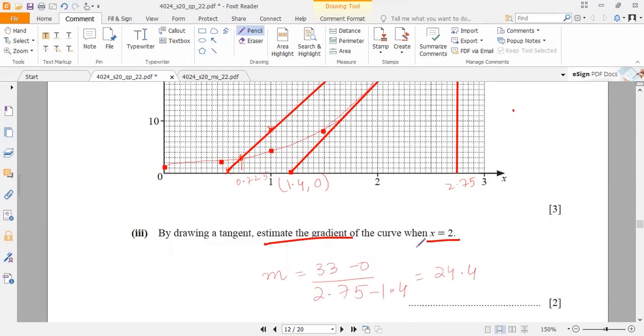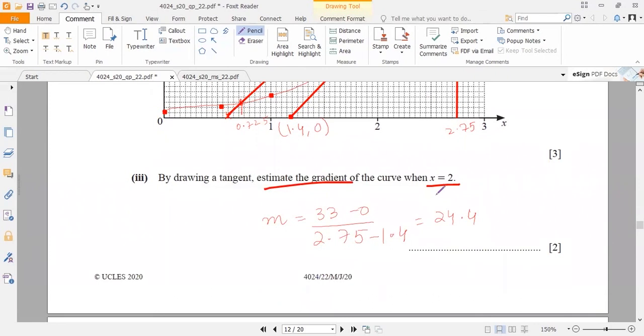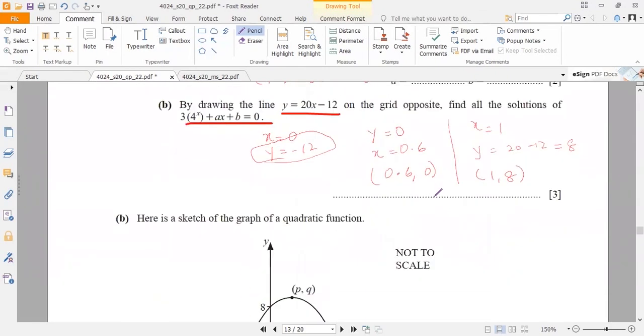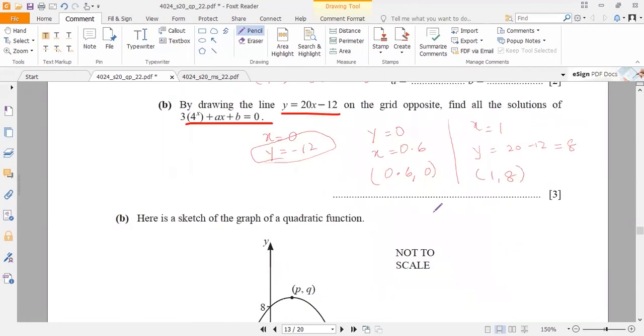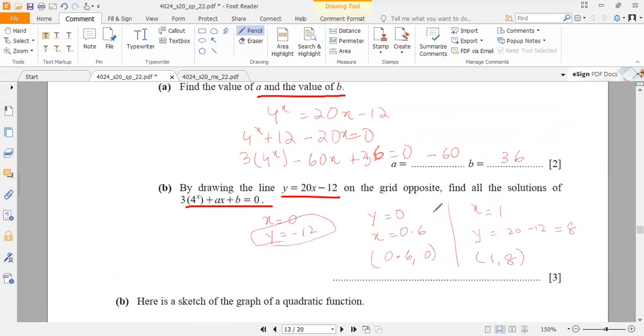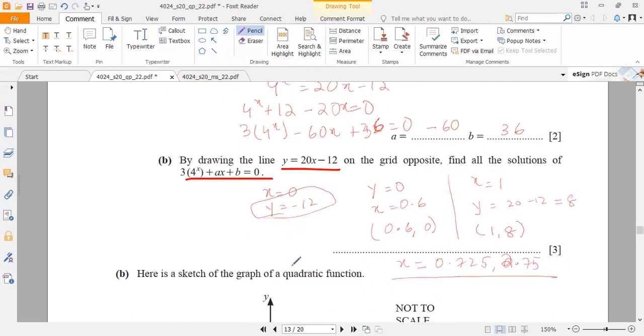So the intersection points are 0.725 and 2.75. These are the intersection points, or these are the solutions. Okay. Now come to the part B.